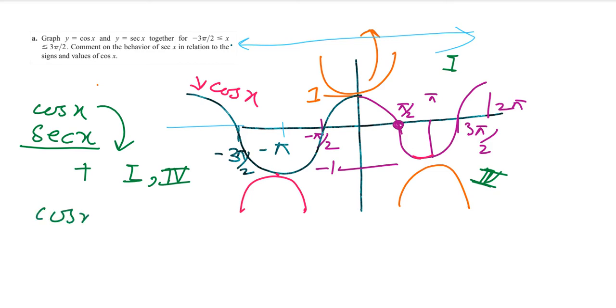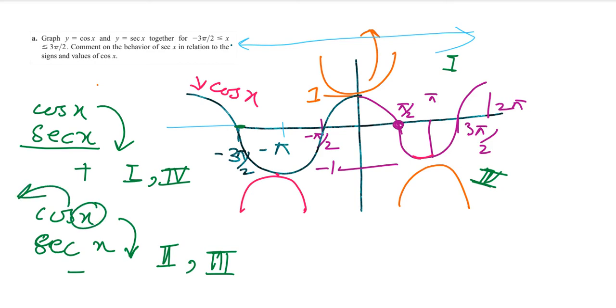But in the second and third quadrant, we'll get the negative values of both these trigonometric functions.